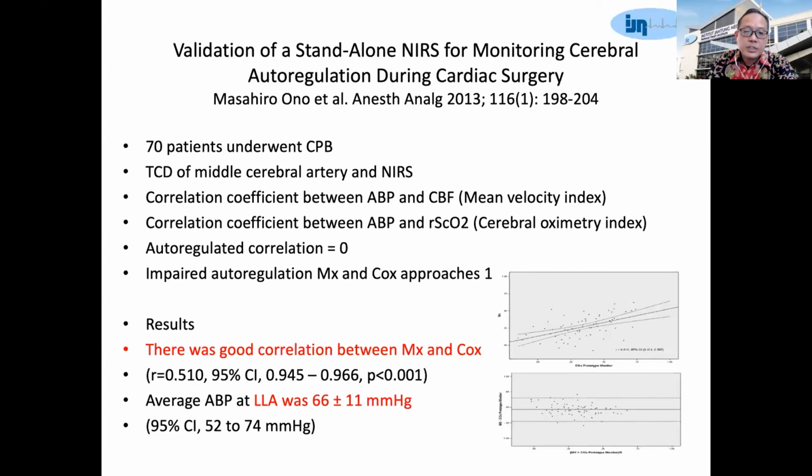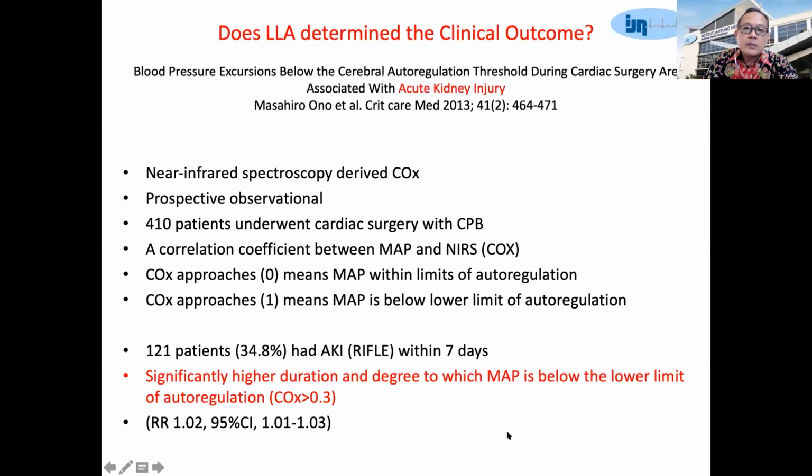The average mean at the lower limit of autoregulation was found to be 66 millimeters of mercury plus or minus 11. So we now know that near-infrared spectroscopy is as good as the transcranial Doppler in determining cerebral blood flow, and we are able to determine the lower limit of autoregulation by understanding the cerebral oximetry index.